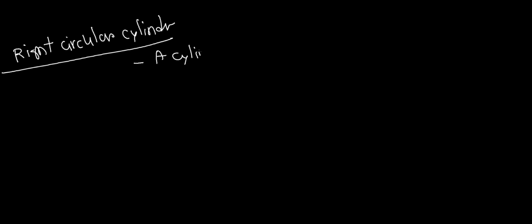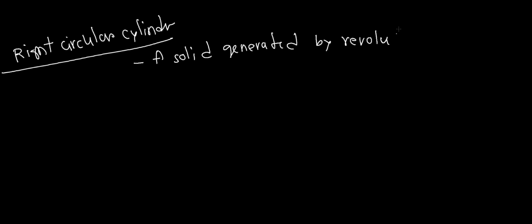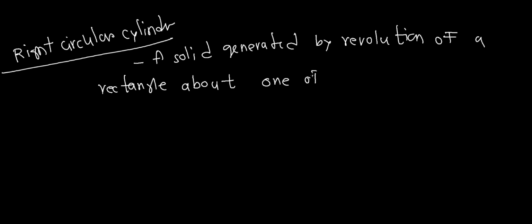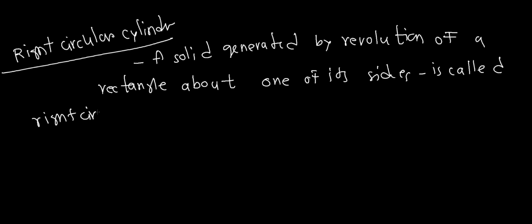A solid cylinder generated by the revolution of a rectangle about one of its sides is called a right circular cylinder.